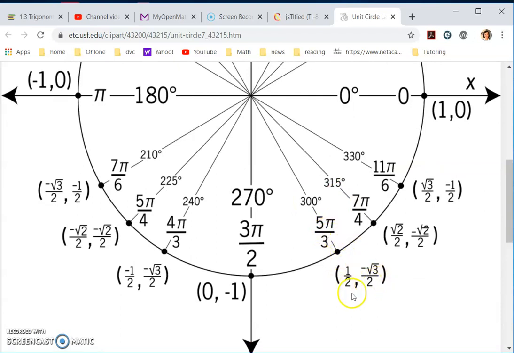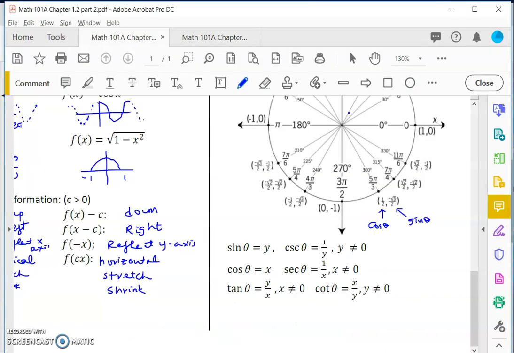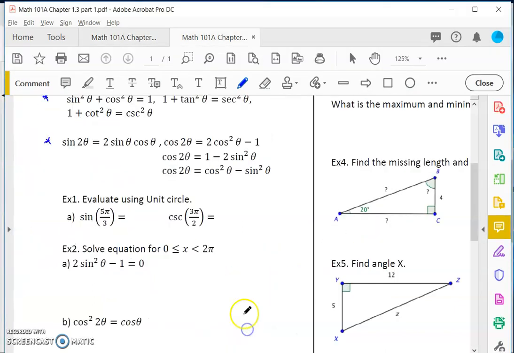Sine is y, so it's negative square root of 3 over 2. We want to have the exact value. Do not use the calculator to find them. Negative square root of 3 over 2. Okay.